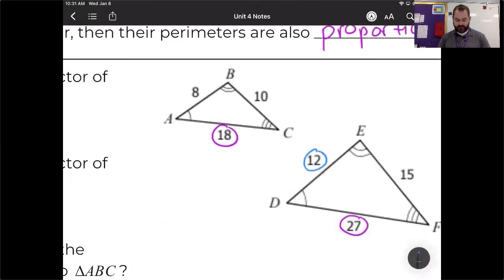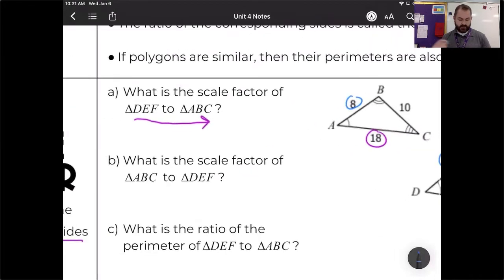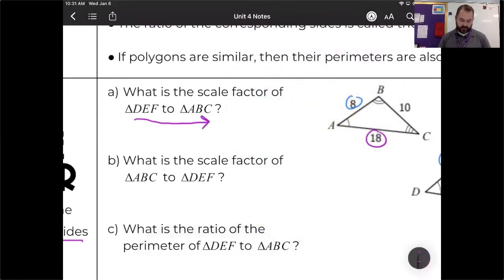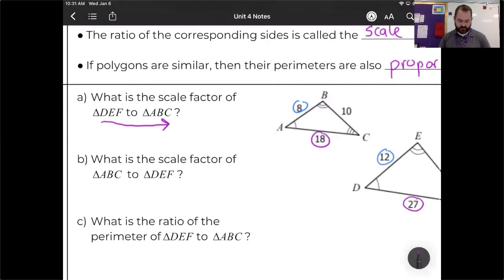I could do 12 to 8 because those are smaller sides. I'm going to pick the one I said originally. So I'm going to compare that as a ratio, 27 from the first triangle over 18 from the second, or I could write it as a ratio this way. But for most of these ratios today, we'll write them as fractions.